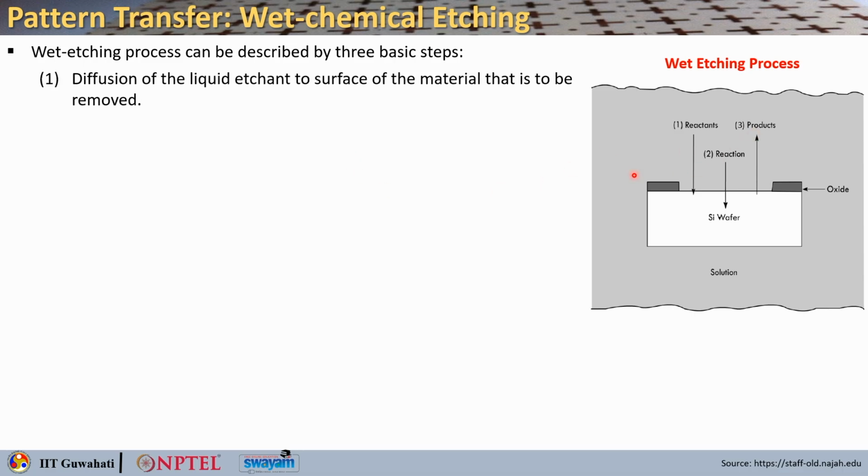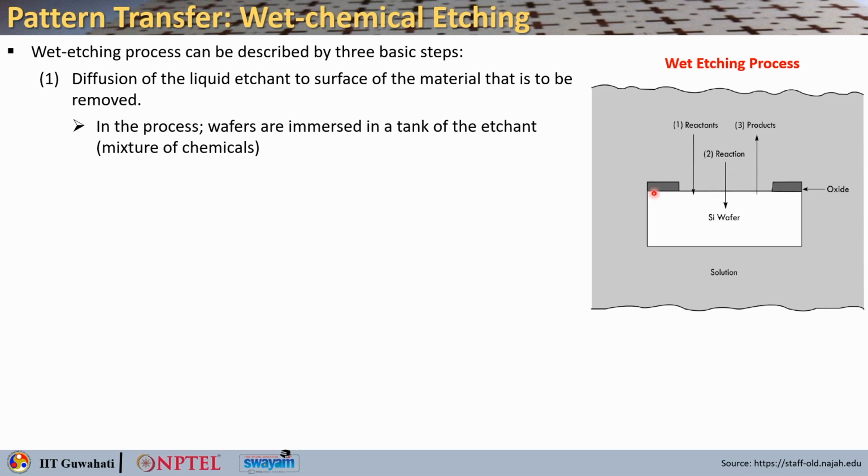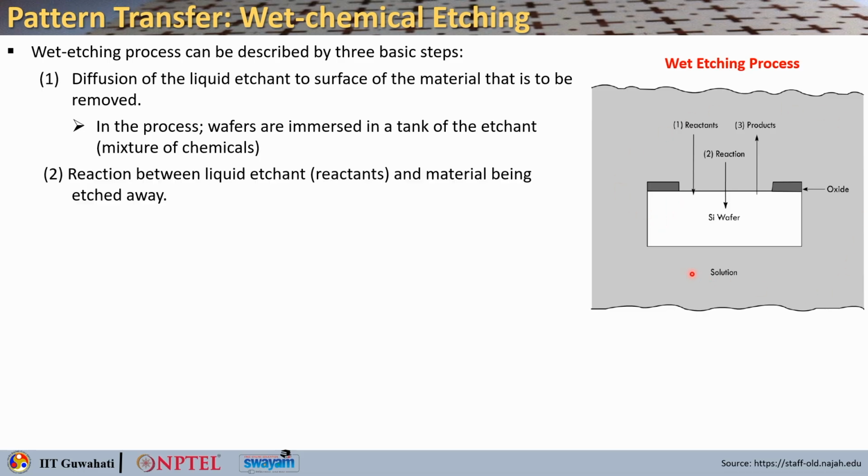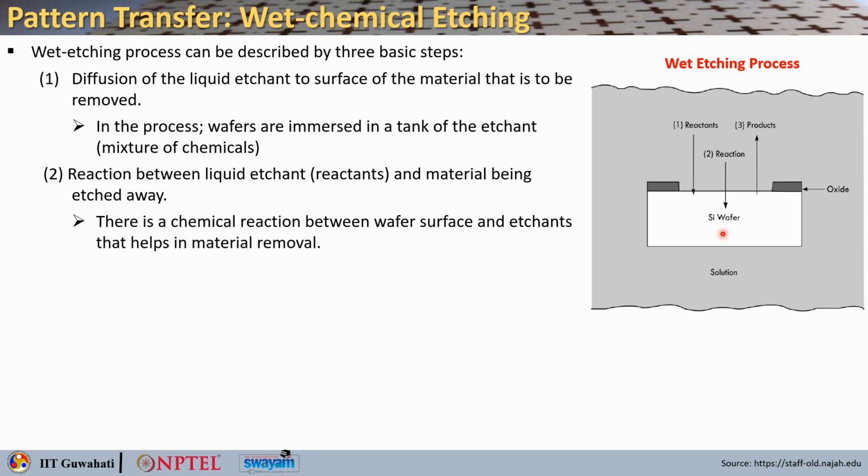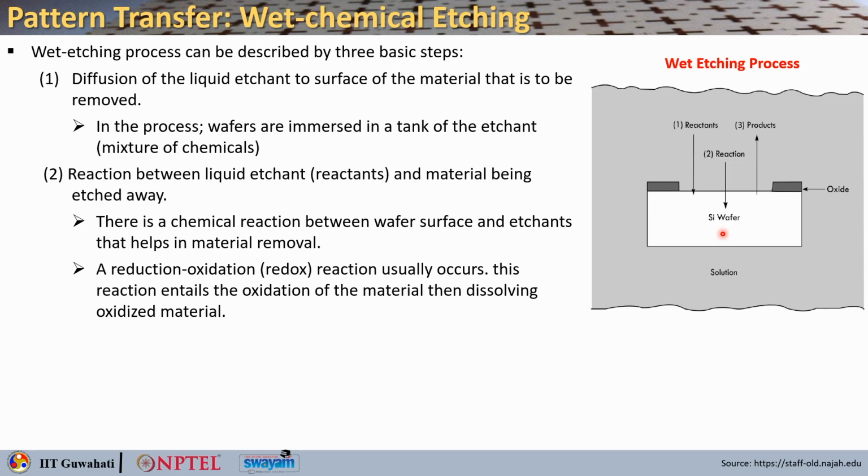First, you have the diffusion of the liquid etchant to the surface of the material that is to be removed. In this process the wafers are immersed in a tank of etchant, which is a mixture of chemicals. Then the reaction takes place between this liquid etchant and the material that is being etched away. So, there is a chemical reaction between the wafer surface and the etchant that does the material removal.